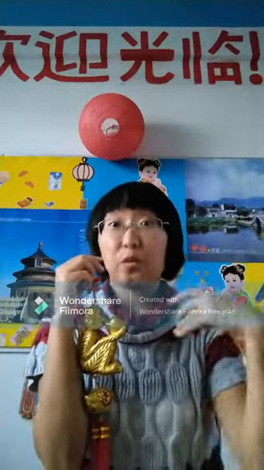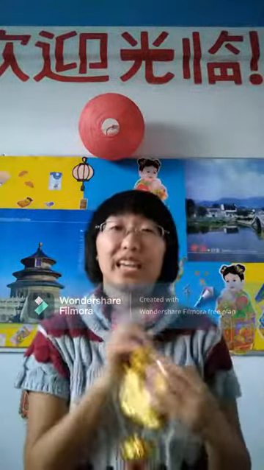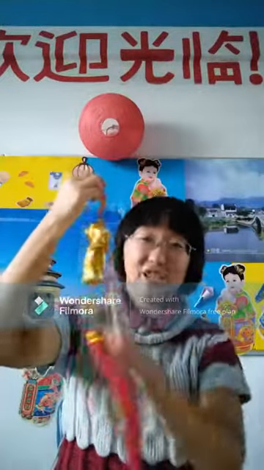And actually, you can find 12 different such decorations standing for the 12 animal signs in Chinatown or Chinese stores or Chinese plazas. So you can buy 12 such decorations and show them to your students, and they can learn the 12 zodiacs.